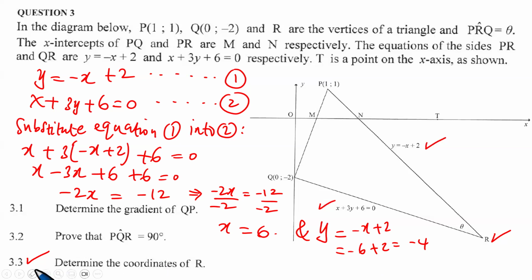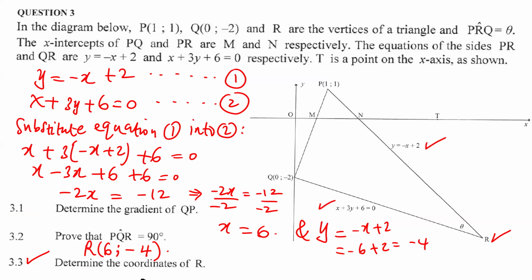What are the coordinates of R? The coordinates of R, therefore, are exactly 6 and minus 4.